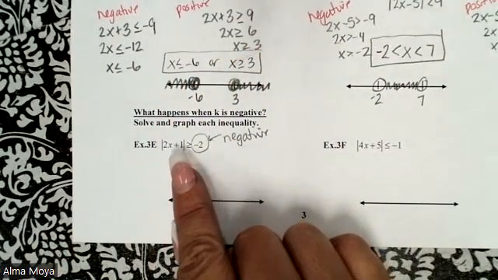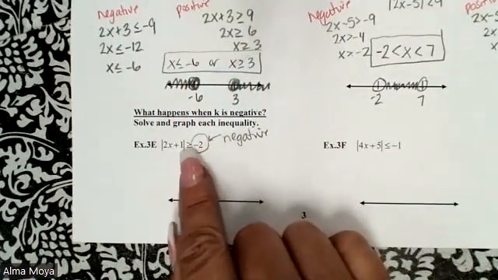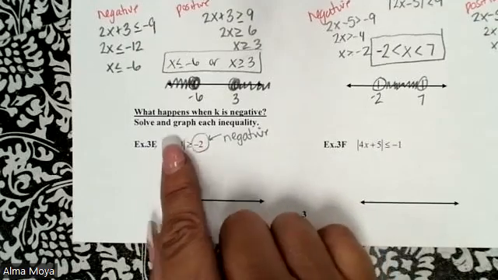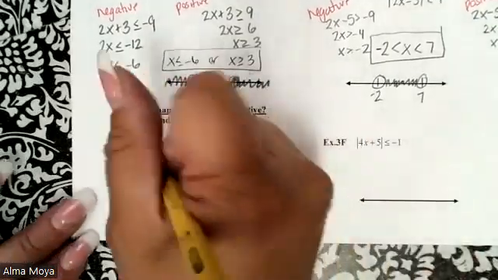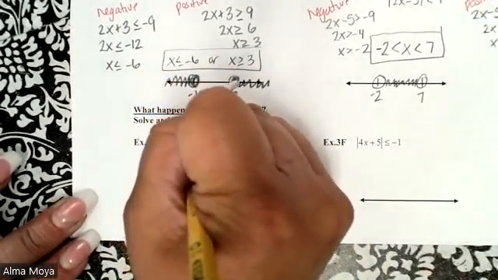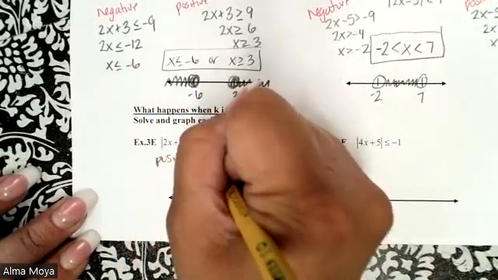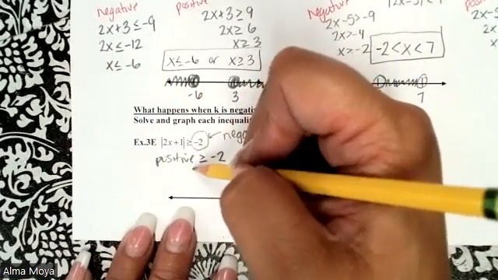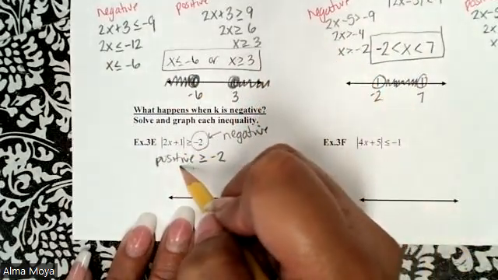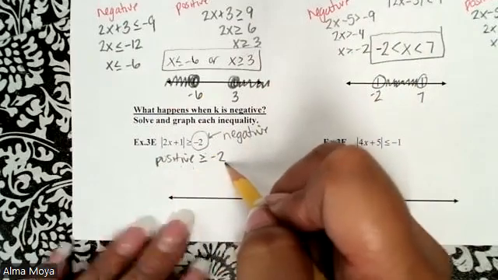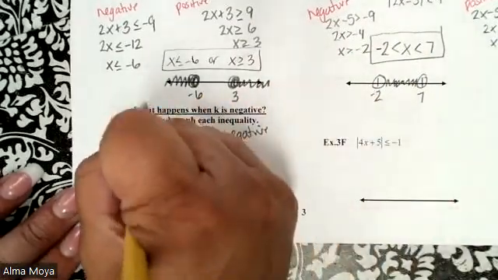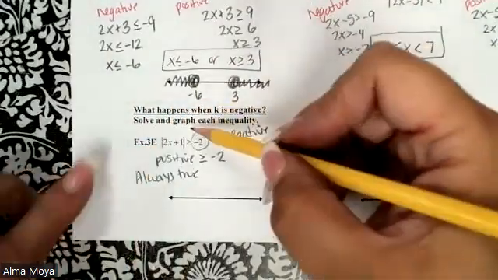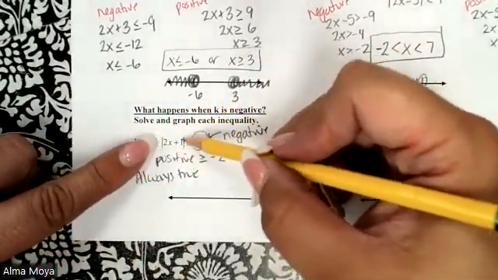So basically, on this one, that is the greater than symbol. On the greater than symbol, this has to be a positive number. So the positive number is going to be greater than or equal to -2, because think about it. Whenever you're taking the absolute value, it's always positive. Well, this positive number will always be greater than or equal to -2. So this is always going to be true. Thinking of it logically, absolute value has to be a positive number.